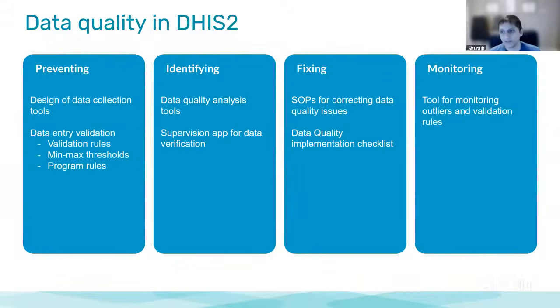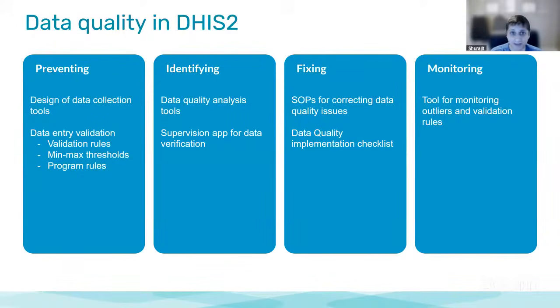So as I mentioned, we've basically broken down how we look at data quality into these 4 steps or processes. On the first side, we have prevention. This is where we look at the design of our data collection tools and try to prevent as much poor data as possible from being saved in the system before it's reviewed. And hopefully this saves some time.